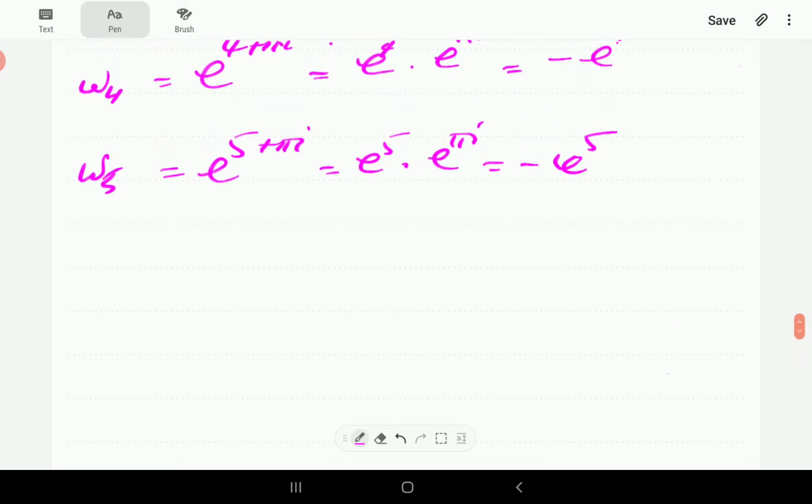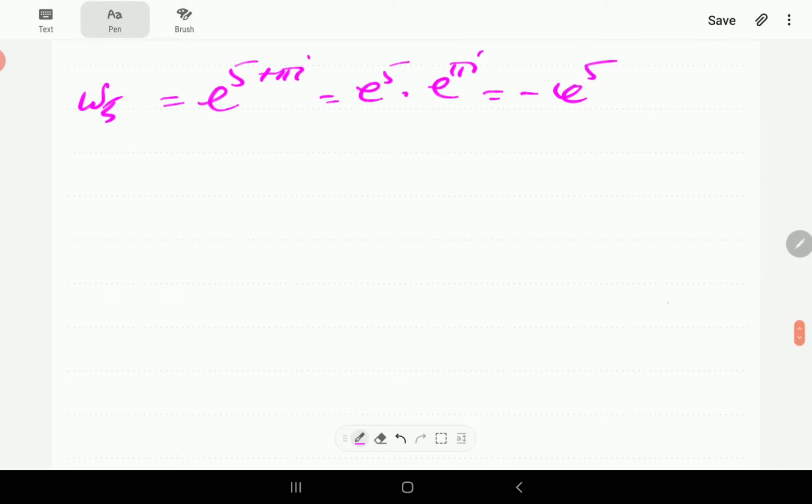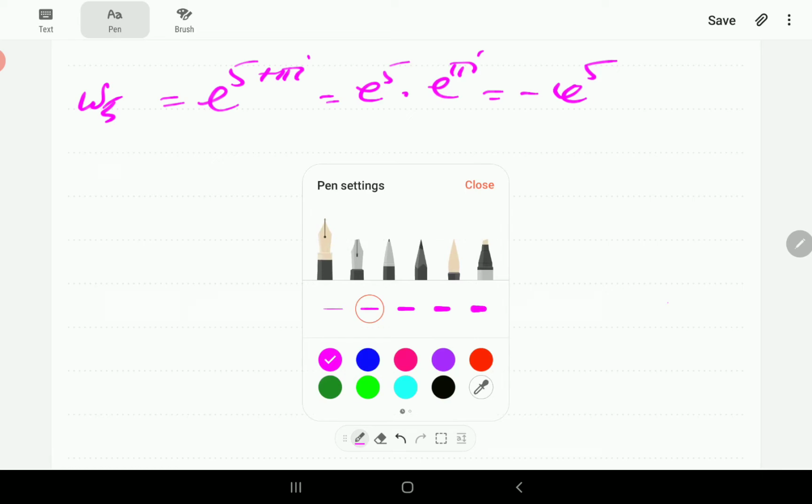Okay, so what is this saying? I'm just going to make a little sketch here.